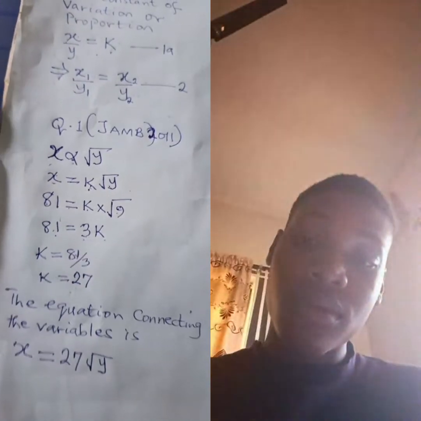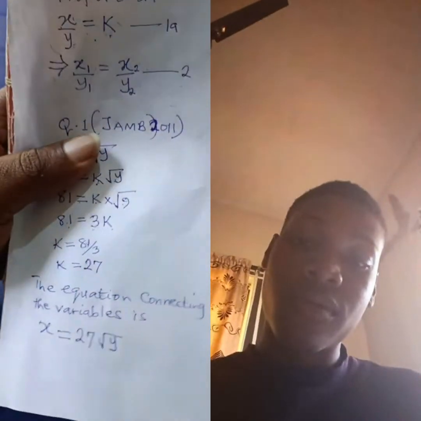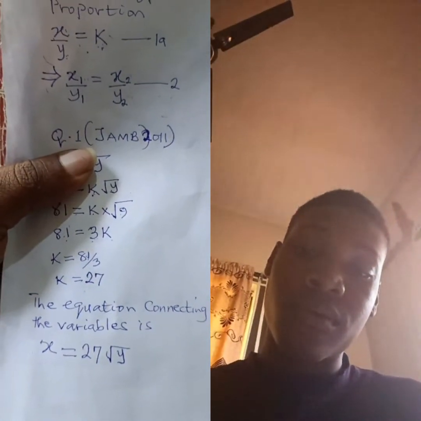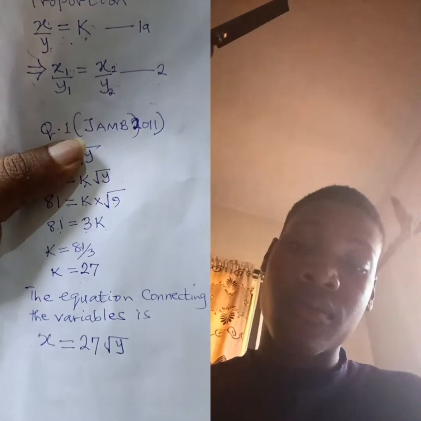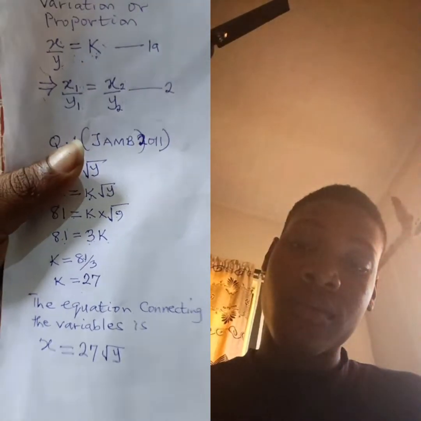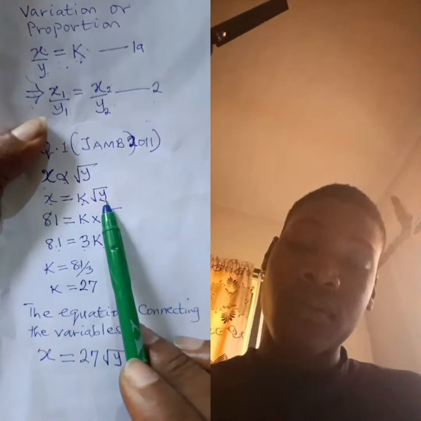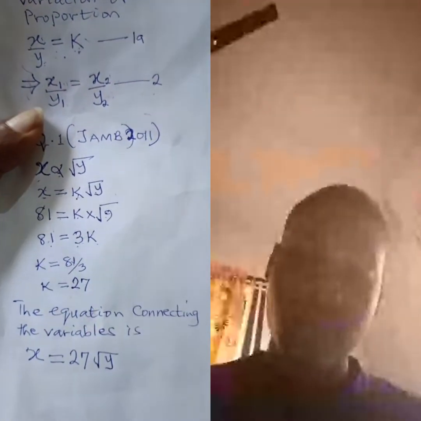Are you done? Okay. So you know how to get the relationship connecting variables now. All you have to do is get the constant of proportionality, get the value, then go back to the original equation, and fix that value of the constant. Are you following?